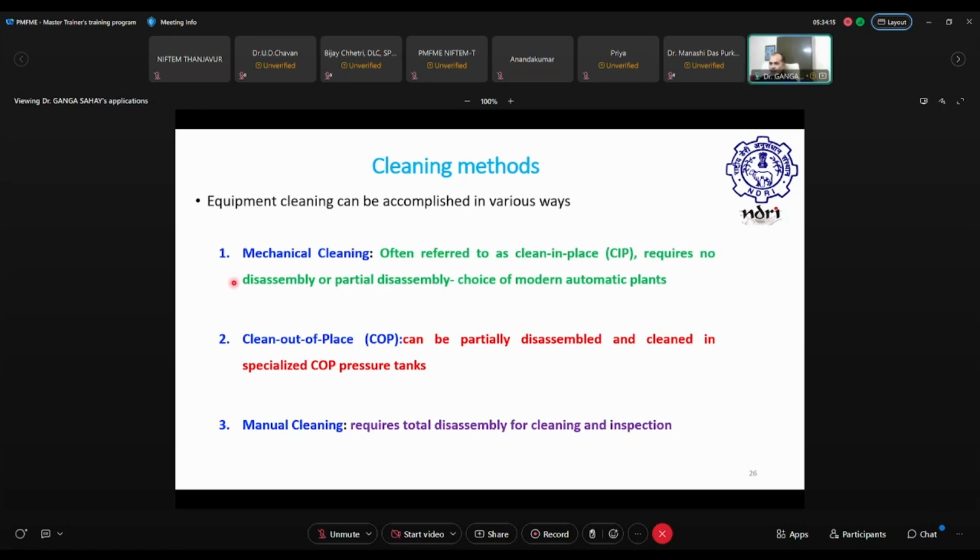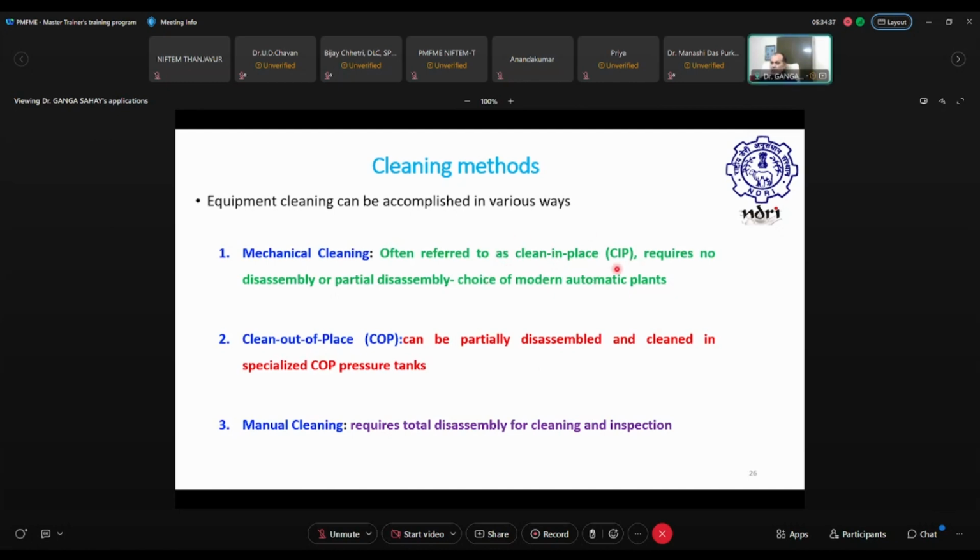And the third one requires total disassembly. Earlier, this manual cleaning was the choice. A lot of equipment had to be dismantled completely before cleaning. But nowadays most plants are working on automation, and automation programs perform this clean in place.